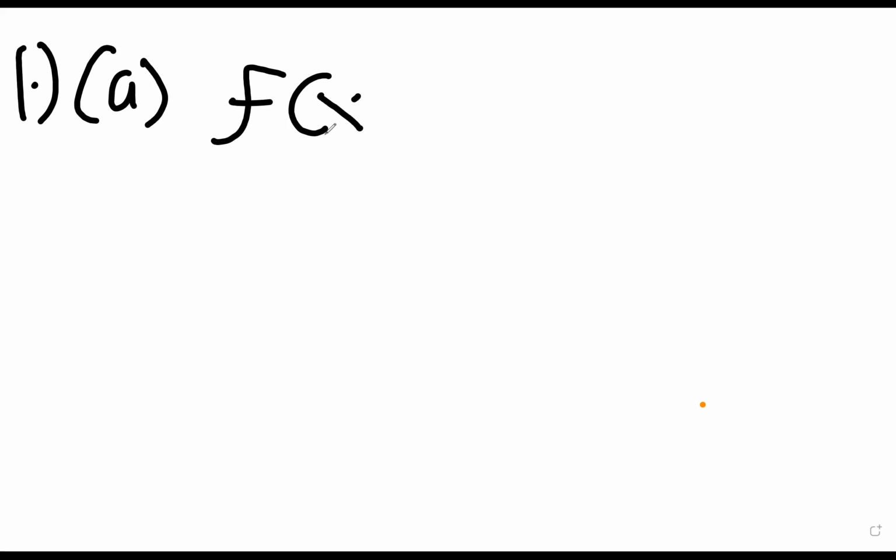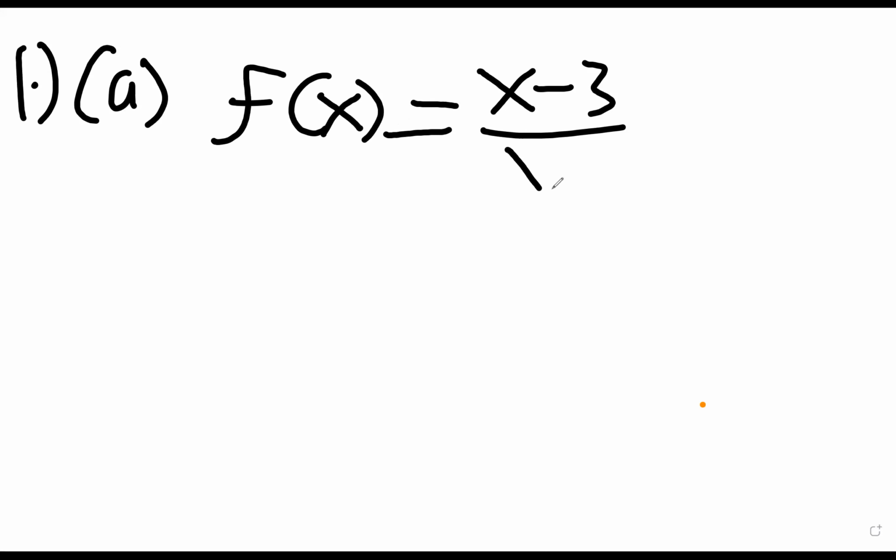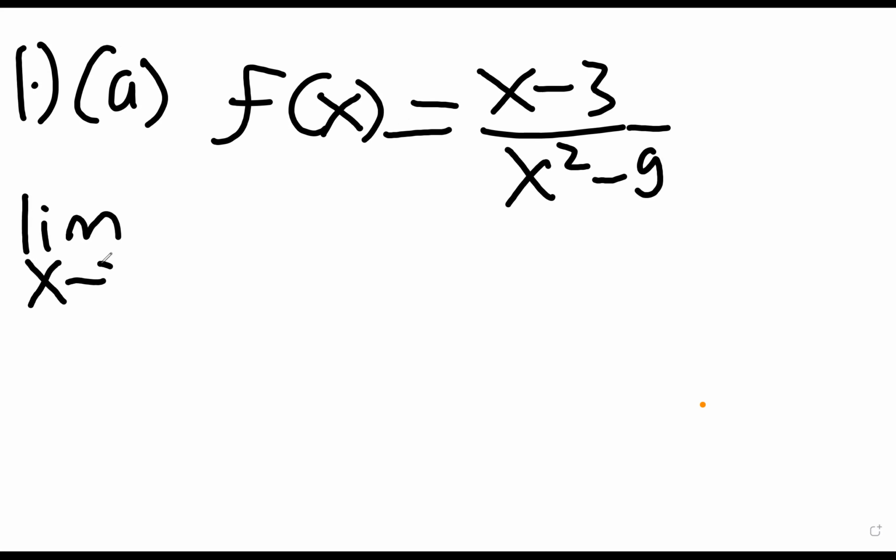To be precise, if I calculate its limit, f of x equals x minus 3 divided by x squared minus 9. And then we want to know what is the limit of x tends to 3 of f of x.